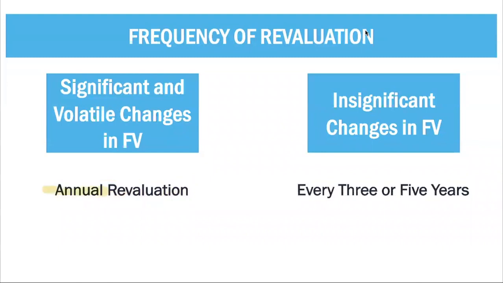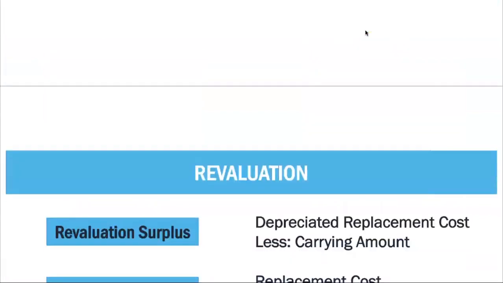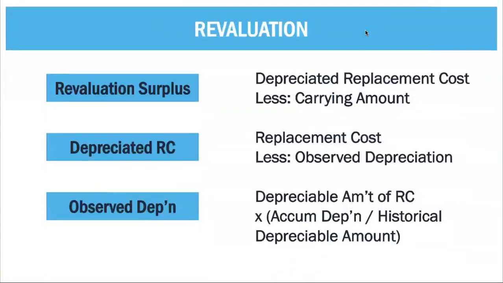But if there is an insignificant change, you will only revalue every 3 or 5 years. So based on the volatile changes in fair value, when do you revalue? If it's significant and volatile, annual. If insignificant, every 3 or 5 years.